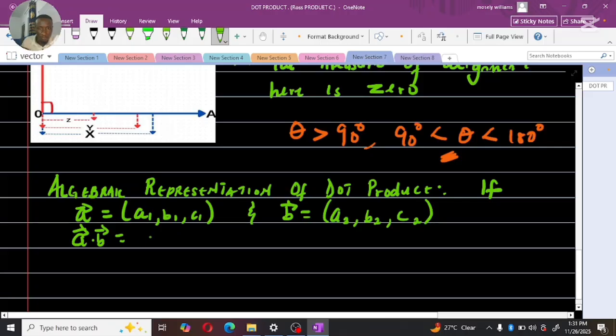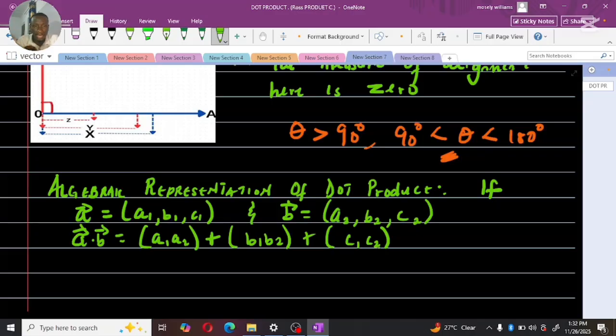We take the product of these components: A1, A2, plus B1, B2, plus C1, C2. Just take those components A, multiply them together, plus B, multiply them together, plus C, multiply them together. It's as simple as that.